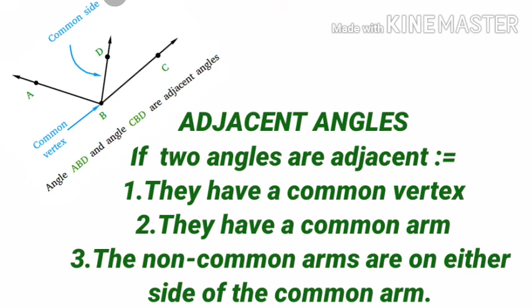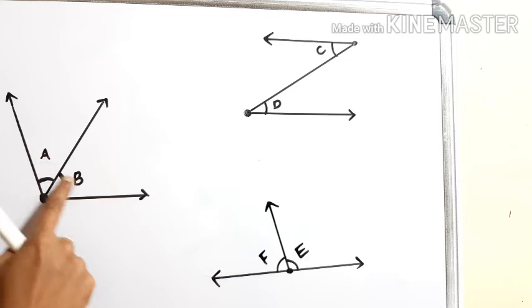Adjacent angles. If two angles are adjacent, they have a common vertex, a common arm, and the non-common arms are on either side of the common arm. Angle A, angle B are adjacent angles.